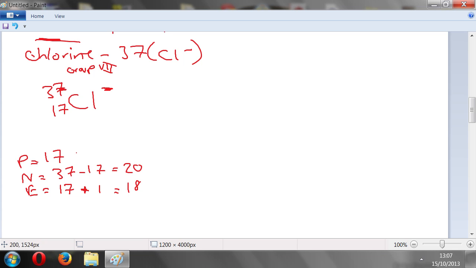We subtract the atomic number Z from the mass number A, which is the combination of protons and neutrons, to get 20 neutrons. Remember, the atomic number can be the number of protons, or the number of electrons in a neutral atom of that element.